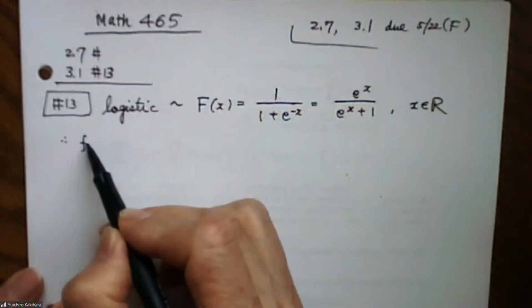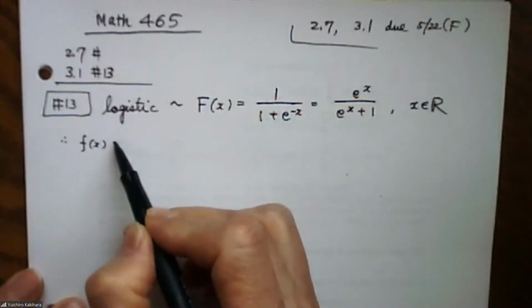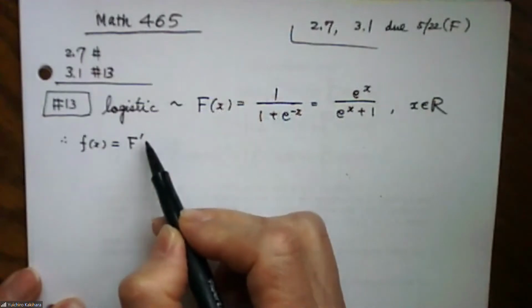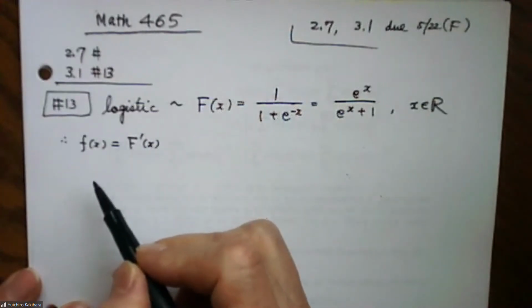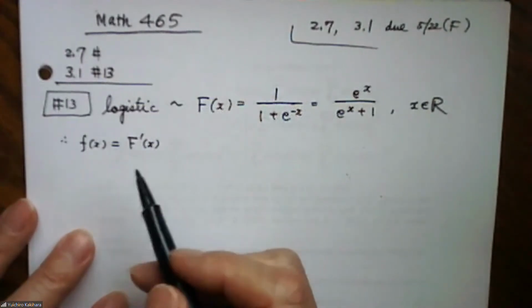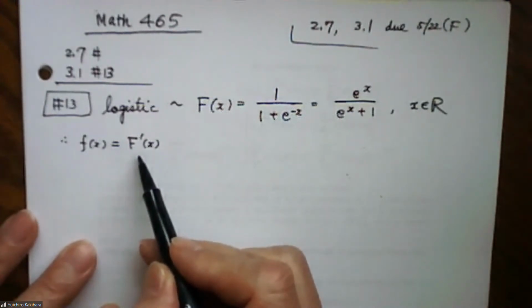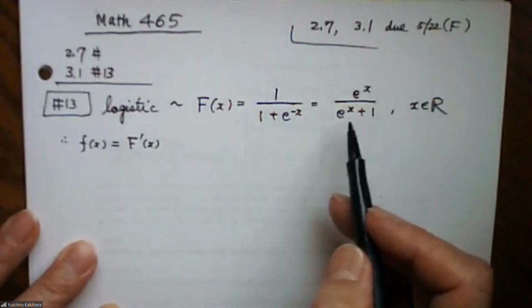Now, what is a density function? The density function is always the derivative of the cumulative distribution function. So the probability density function is the derivative of the cumulative distribution function. We simply differentiate this.